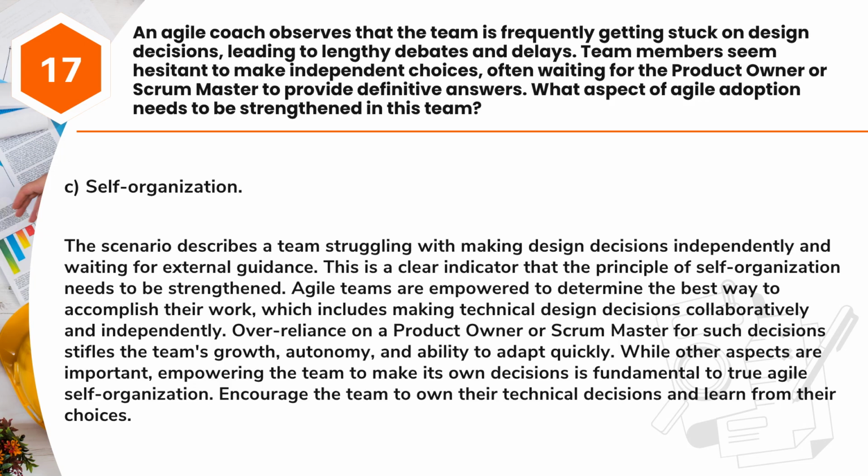Over-reliance on a product owner or Scrum Master for such decisions stifles the team's growth, autonomy, and ability to adapt quickly. While other aspects are important, empowering the team to make its own decisions is fundamental to true Agile self-organization. Encourage the team to own their technical decisions and learn from their choices.